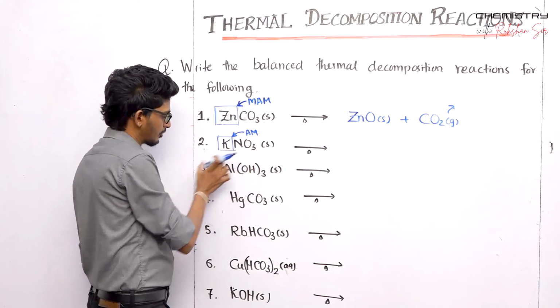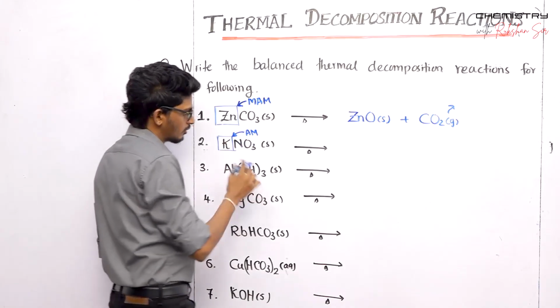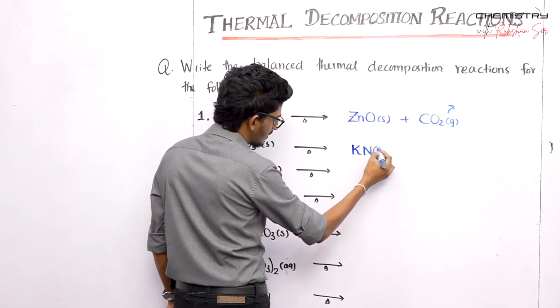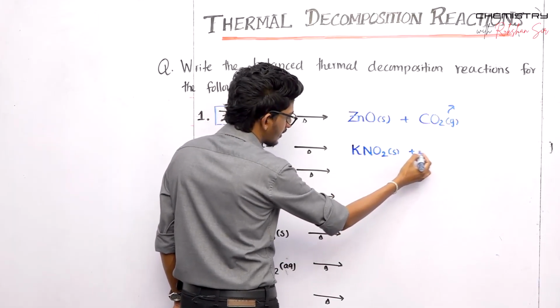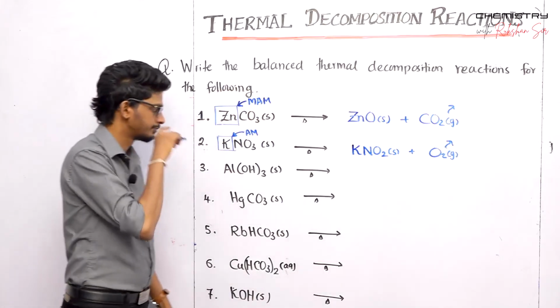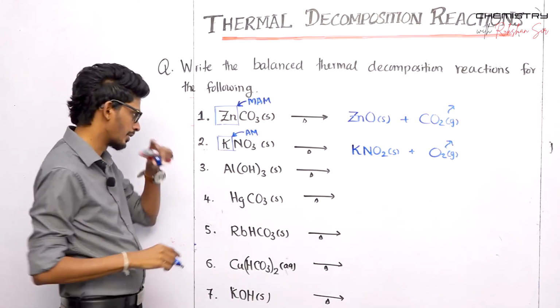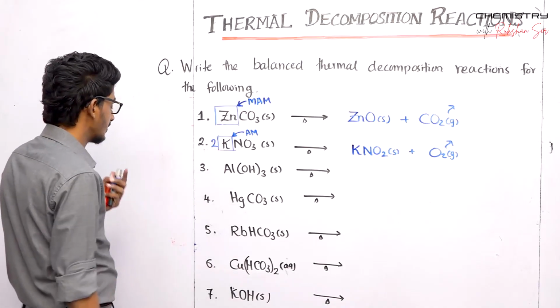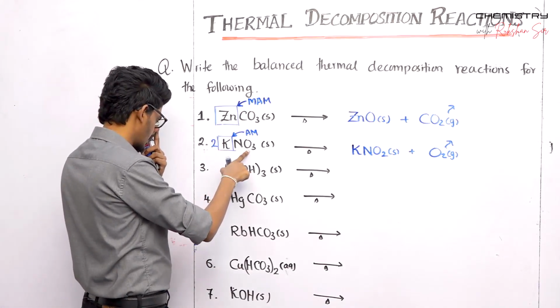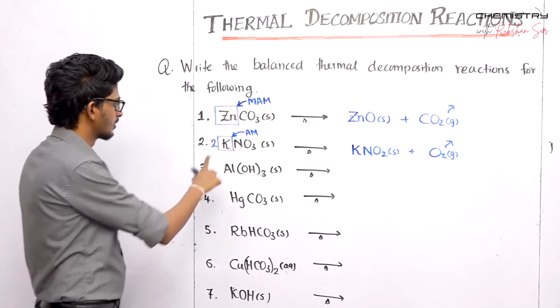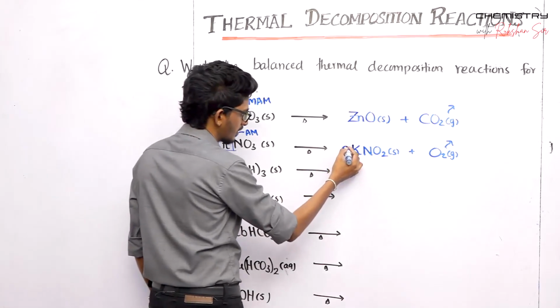So potassium nitrate will decompose to give you potassium nitrite plus the O2 gas. Balancing is not that hard. Since 3 is there, first you need to make it an even number, so 6 oxygens are there. So it's balanced.